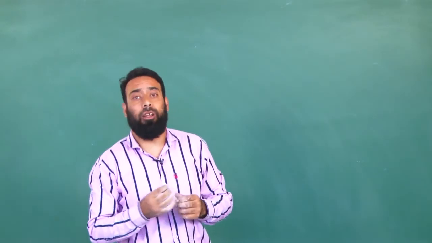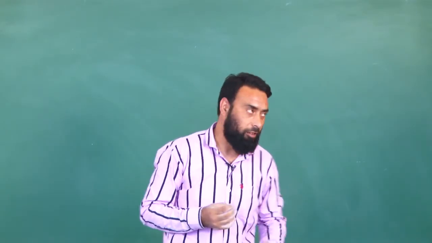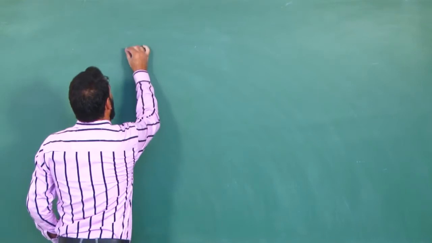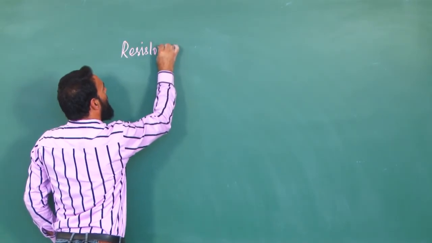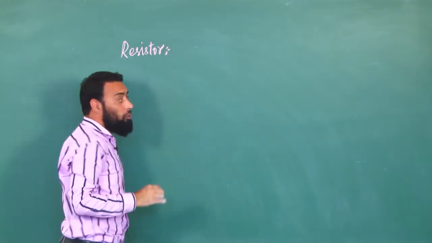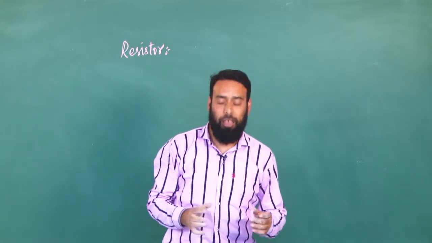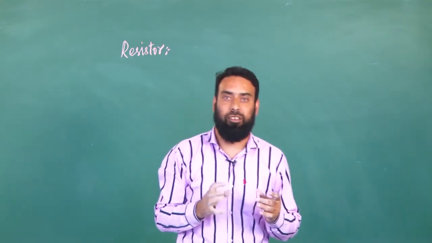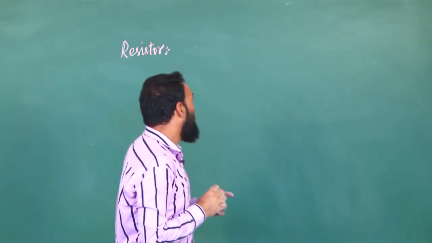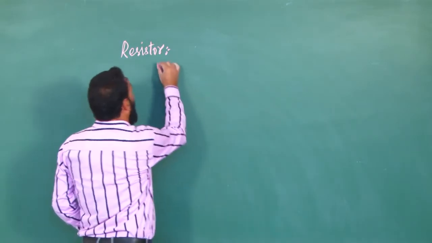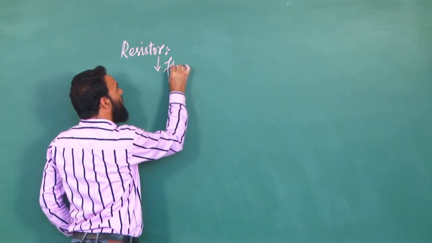Now, the third important component of a circuit is a resistor. So how can we represent a resistor? Dear students, what is basically a resistor? A resistor is a conductor having a fixed resistance which limits the current. A resistor has two types. One is a fixed resistor.